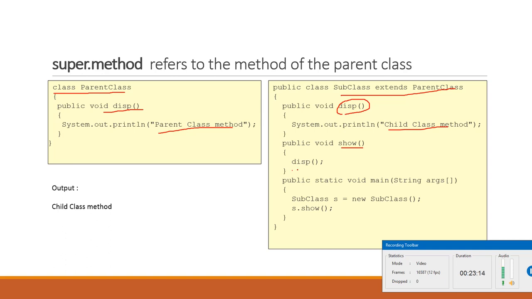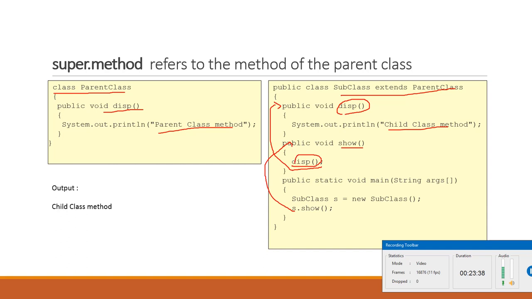Now in the show method, we are calling the method disp. Inside a method we are just calling another method. Alright, so in the main class we create an object of the child class and we call the show method. So when this show method is called, it will call the disp method.